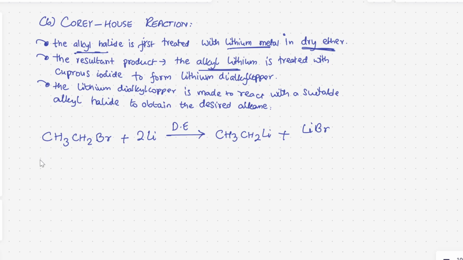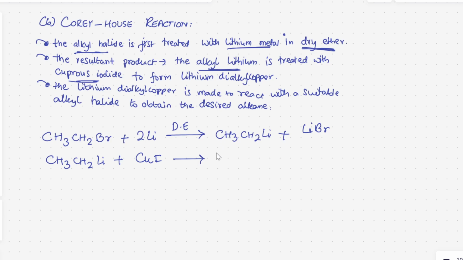Now we take the product CH3CH2Li plus. Now this alkyl lithium is treated with cuprous iodide, so that is CuI, and it forms lithium dialkyl copper.